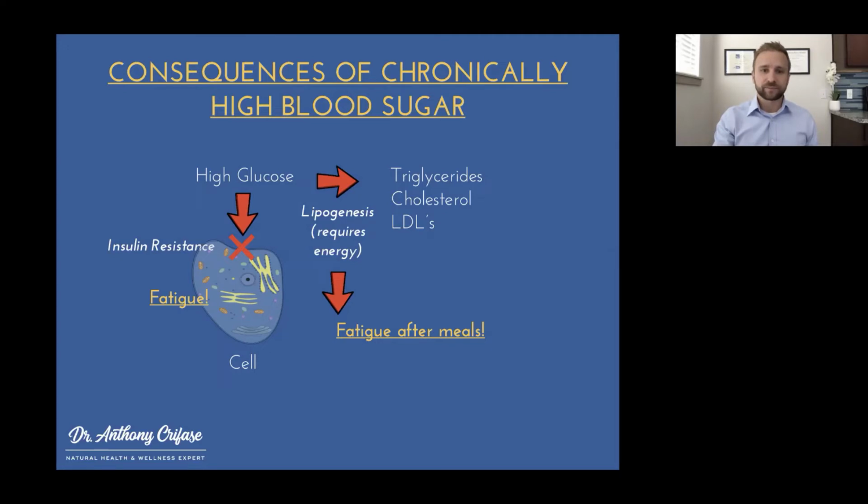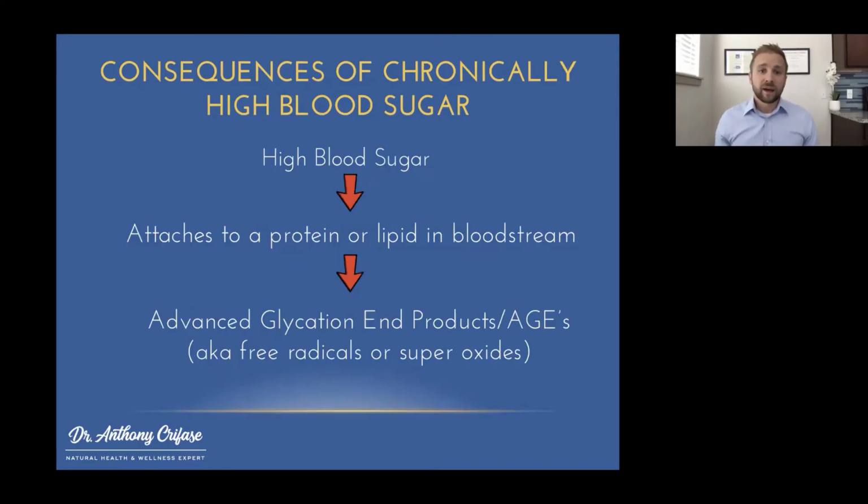So, consequences of high blood sugar. When you have high blood sugar, as we've been talking about, the sugar attaches to a protein, often the red blood cell, or a lipid in the bloodstream. This is what creates what are known as advanced glycation end products. We're going to call them AGEs. AGEs are known as free radicals or superoxides.